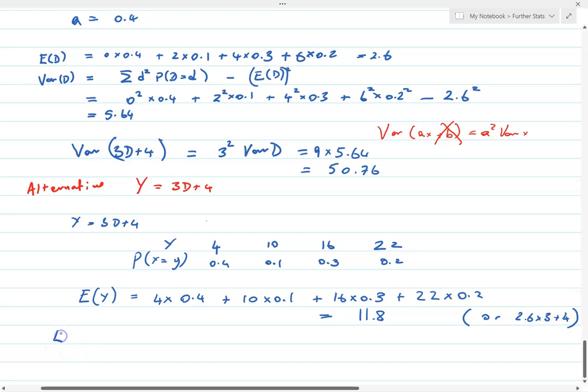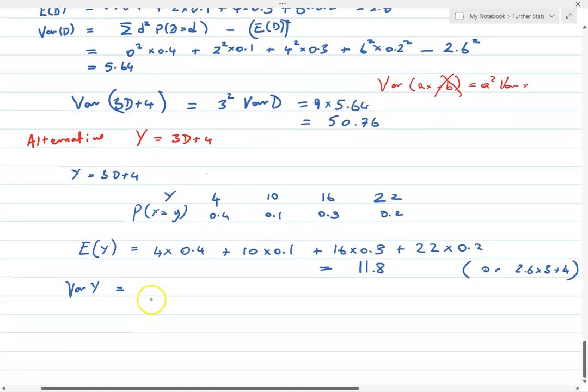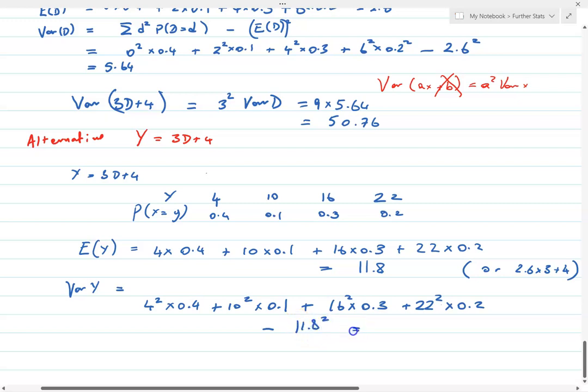And then we can work out var of Y, which is equal to 4 squared times 0.4 plus 10 squared times 0.1 plus 16 squared times 0.3 plus 22 squared times 0.2 minus 11.8 squared, which will give us the same answer.